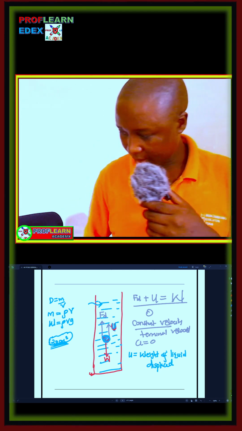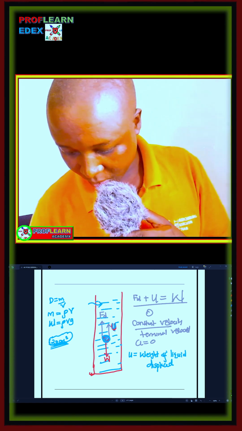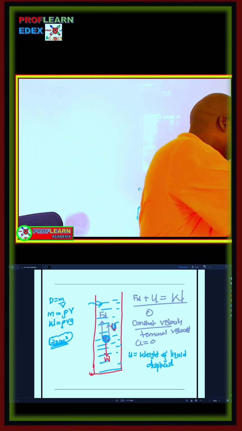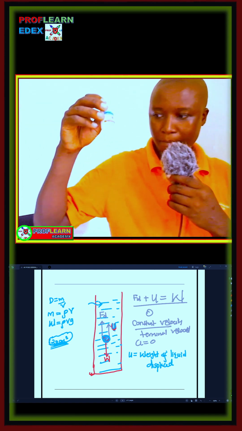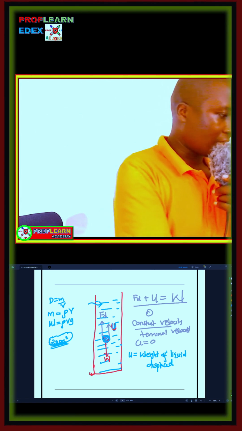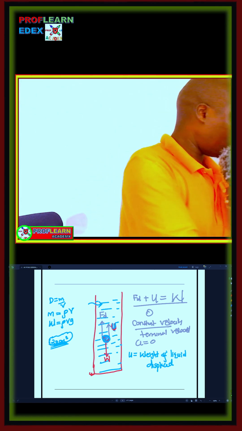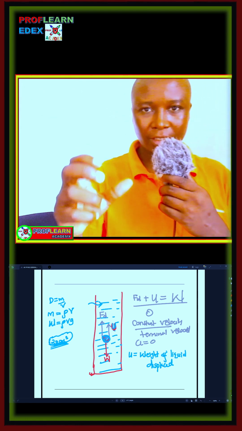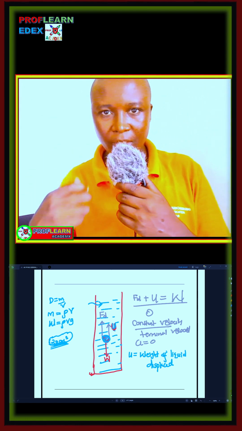Now, for instance, if we have an object immersed in a liquid, or if we put this object in a liquid, then this object is going to displace a volume of water.